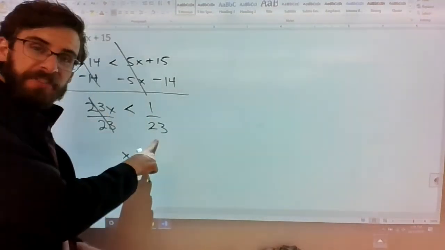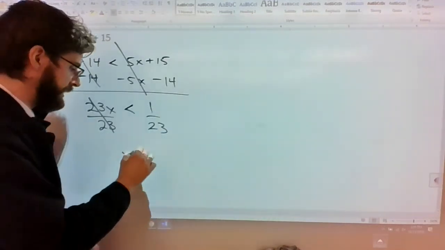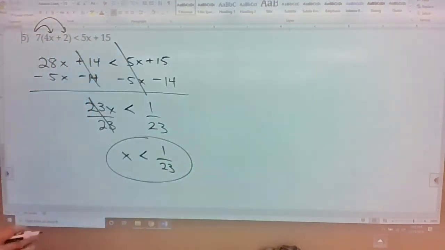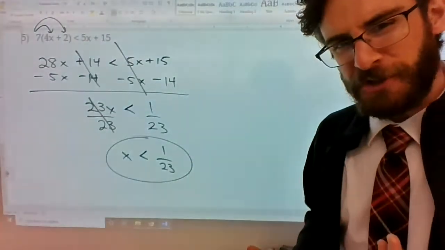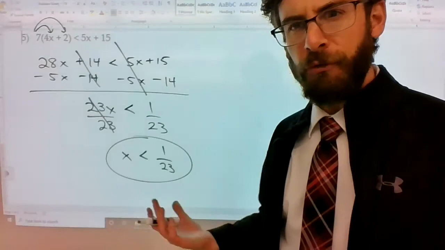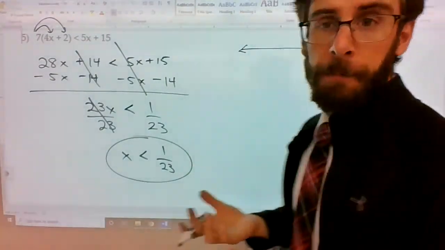And remember, this isn't 23. This is 1 over 23. Right? And then some students are like, how am I supposed to graph that on a number line? 1 over 23 is like 0.04-ish, something like that.